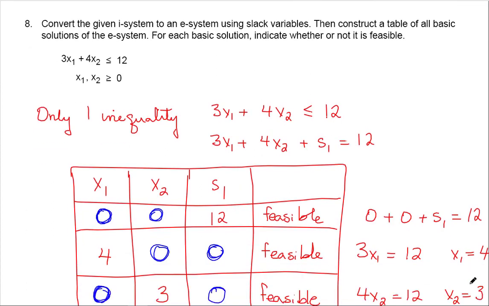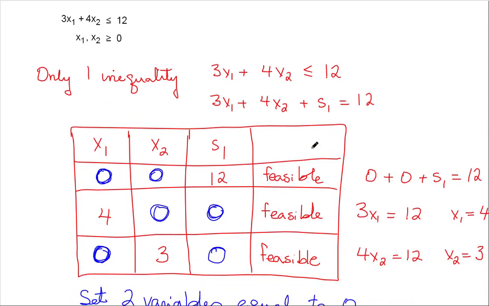All right, so let's see. We're going to convert using slack variables and then construct a table of all the possible answers. Well, there's only one inequality, so one slack variable. Now how do we make this table? Well, I list x1, x2, s1.